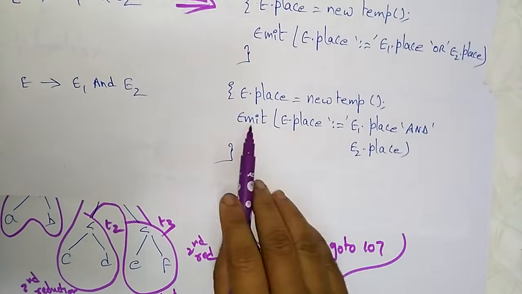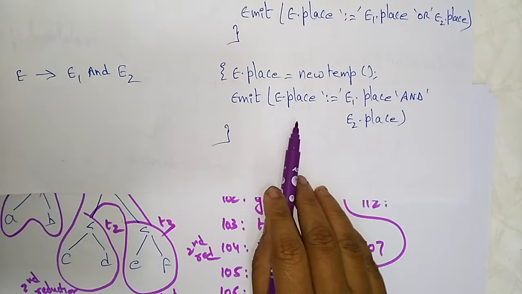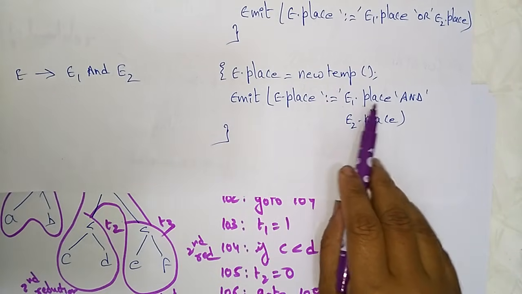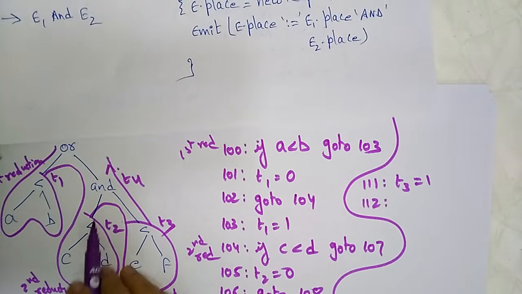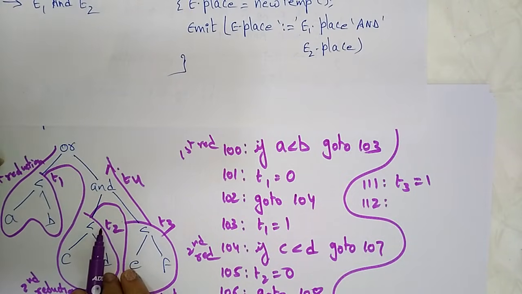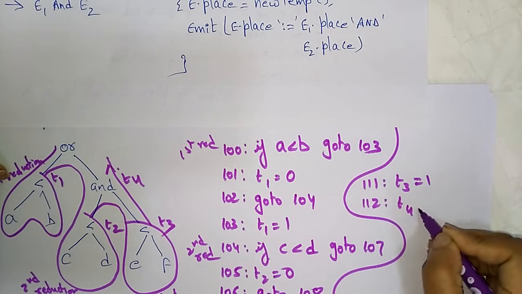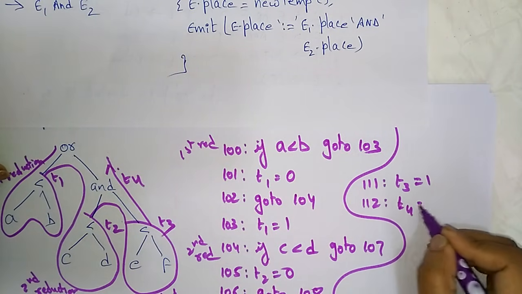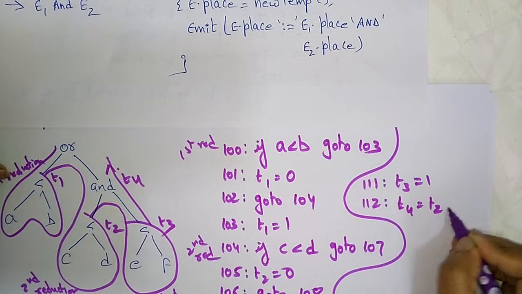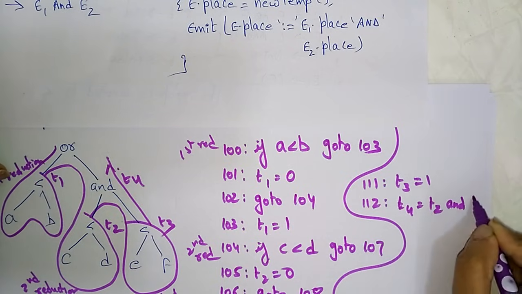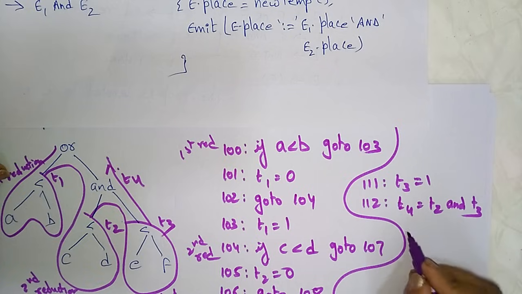Now E dot place, that is the temporary variable T4, is equal to E1 dot place and E2 dot place. E1 dot place is T2 and E2 is T3. So T4 is equal to T2 and T3. Now the next statement is 113.